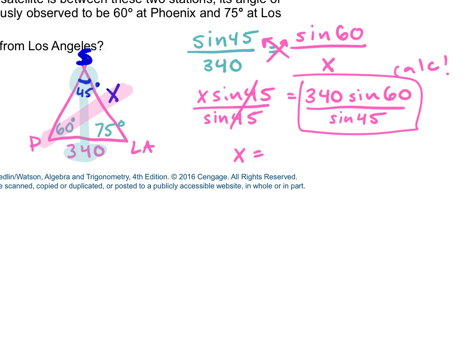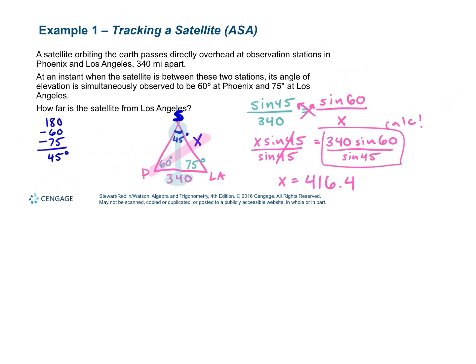Make sure your calculator's in the degrees setting. So we have 340 times sine of 60. Either close the parentheses or just put equals, and then divide it by sine of 45. That gives us x is equal to 416.4. What are we talking about here? Miles.